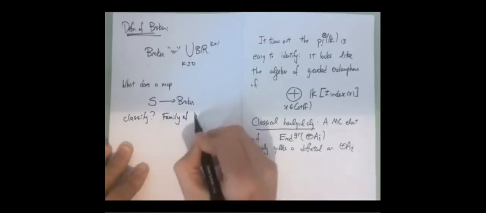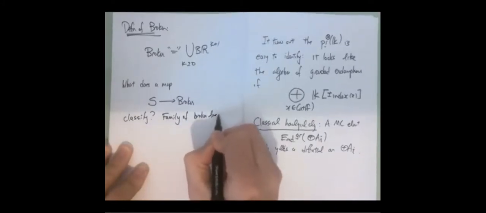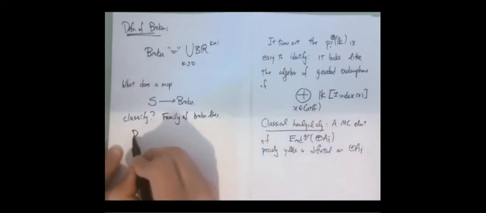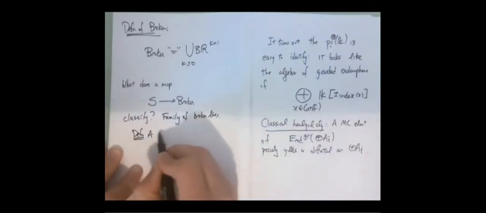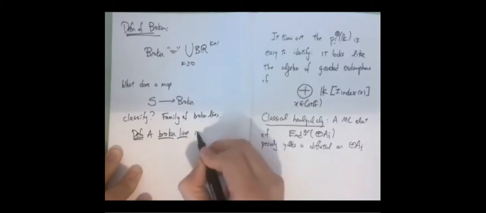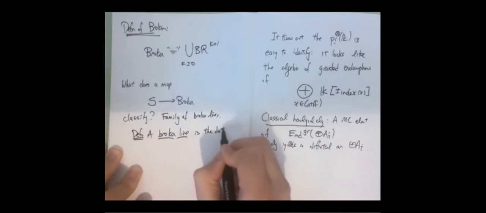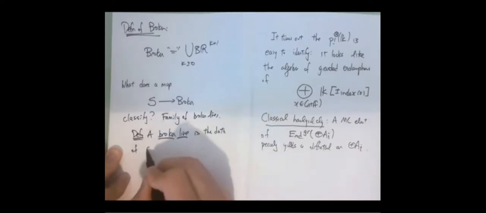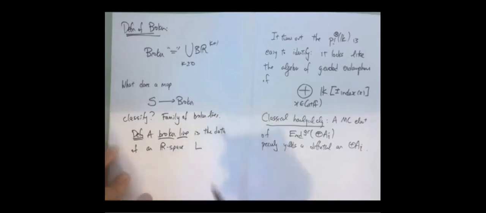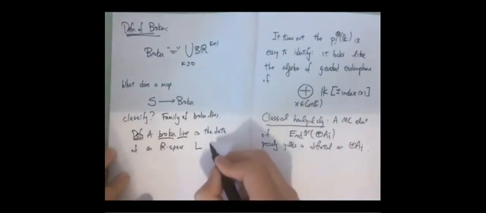Let me tell you first what an element of a family is, what a broken line is. Definition: a broken line is the data of an R-space, capital L, some space L with an R action, satisfying the following conditions.